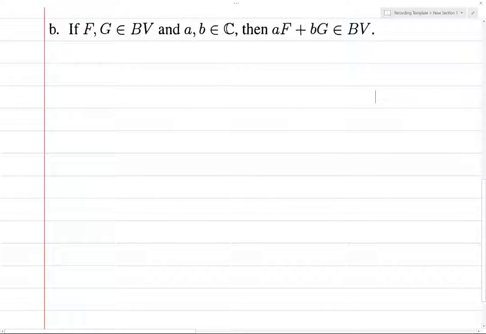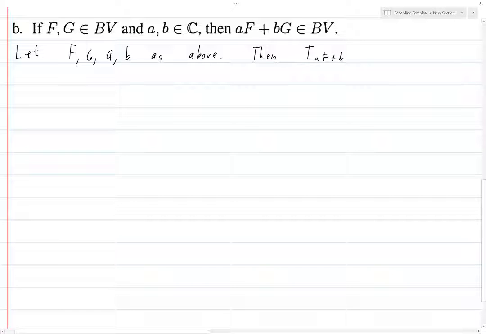Now for this one, linearity. Let's just say let f, g, a, b as above. Then T of af plus bg, let's write this out a little more.